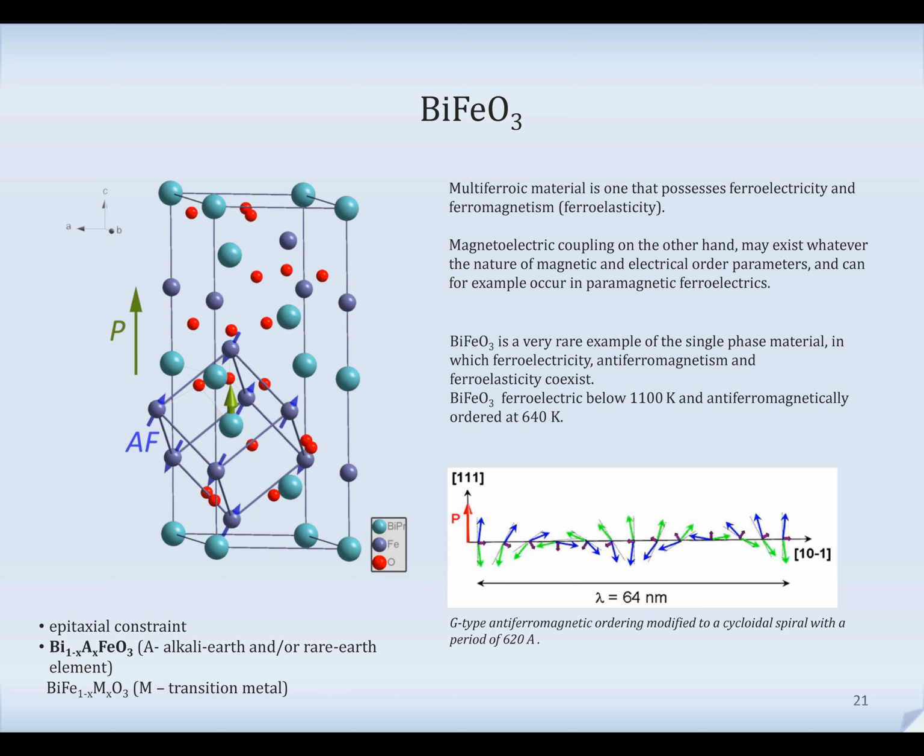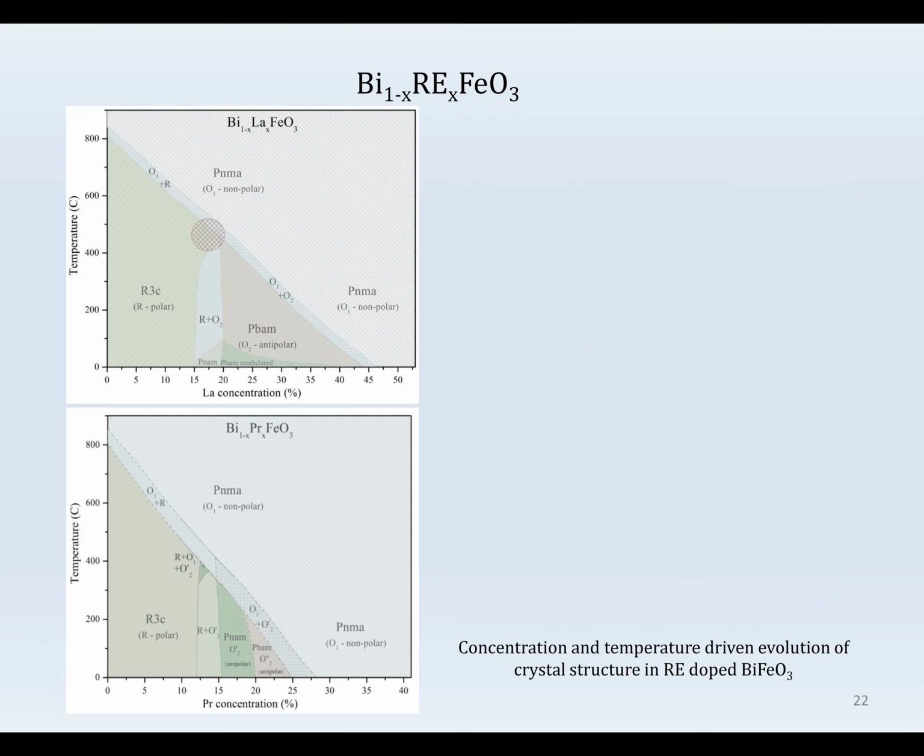We used chemical doping in the A position of the perovskite structure, meaning we substitute bismuth ions with some rare earth elements, and also iron ions with some other transition metal ions. So we've made a lot of study in lanthanum-doped and praseodymium-doped and some other rare earth elements, and the situation is quite similar.